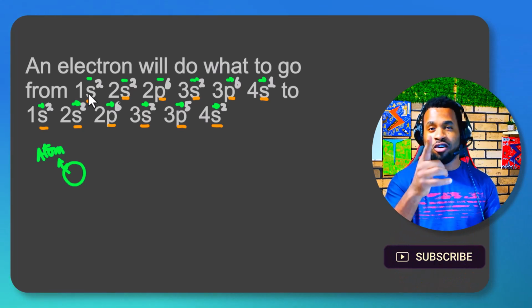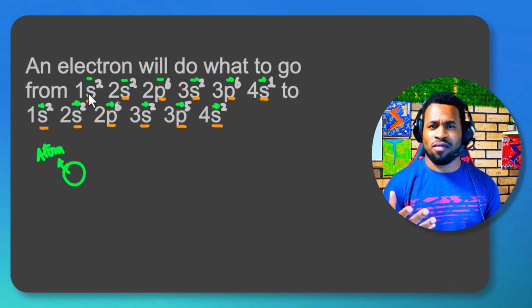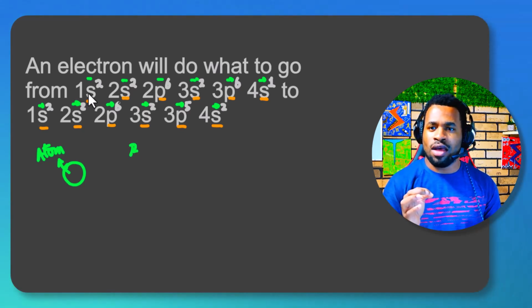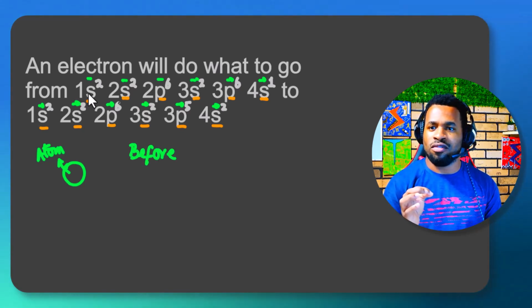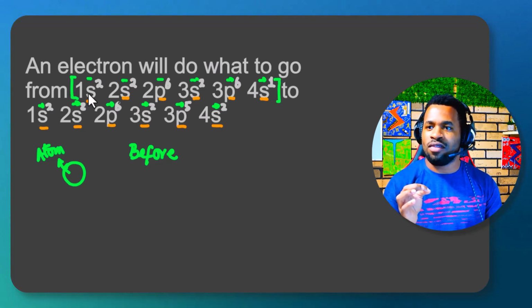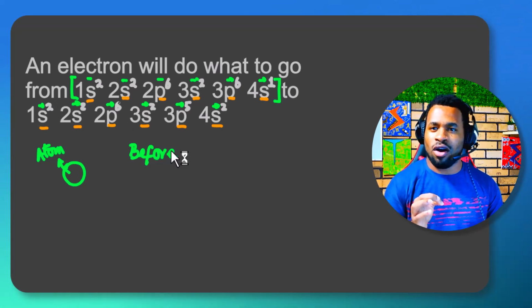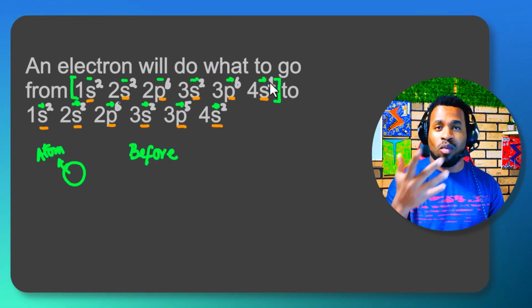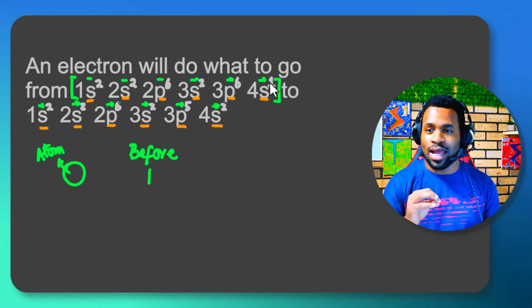Now first, let's see the total number of electrons before and after. Before, which is this section right here, adding all these numbers together, 2 plus 2 plus 6 plus 2 plus 6 plus 1, gives a total of 19 electrons.